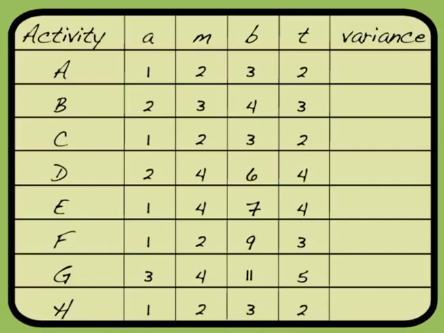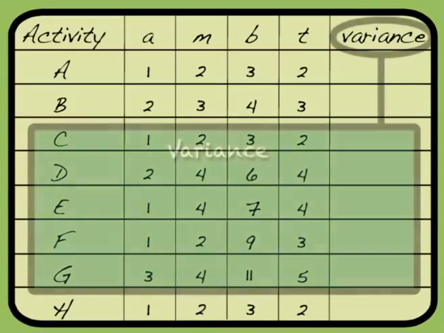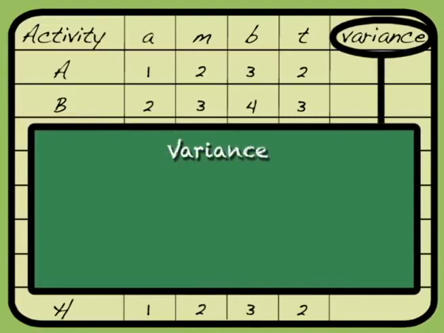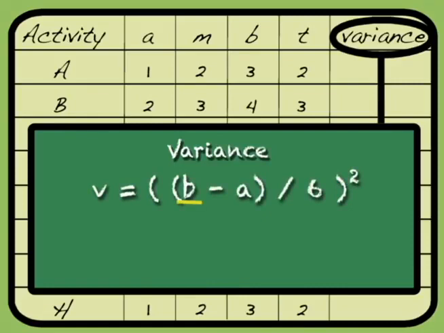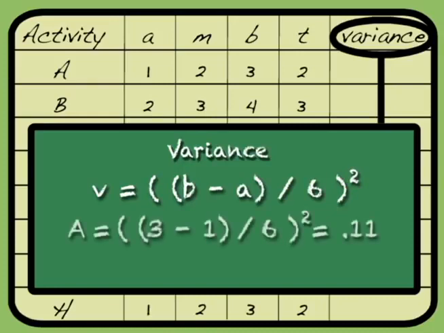We need some other information though. We want to know what the variance of each activity is going to be. We have a formula for the variance that we can use. The formula is the pessimistic time minus the optimistic time divided by 6, and then we're going to square that. So if we just do activities A and B, we can see that the pessimistic time of 3 minus the optimistic time of 1 divided by 6, so 2 divided by 6 squared is going to equal 0.11.